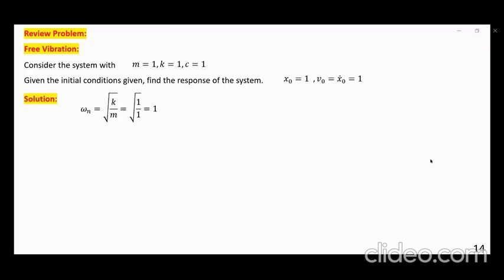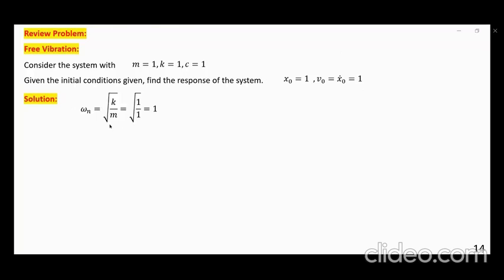Fortunately or unfortunately, you are asked to find the response of this. Okay. Well, you go back to your notes or the lecture, and you'll find out, first of all, this is a damped free vibration. I need omega n, I need zeta, I need omega d, and whenever we have a free vibration, there is a formula which depends on x naught and v naught.